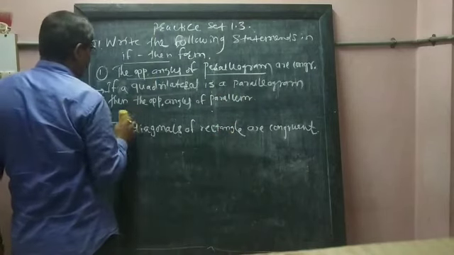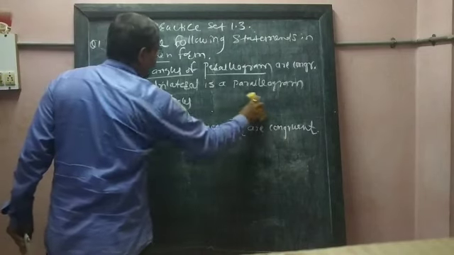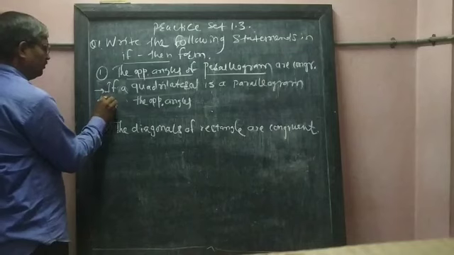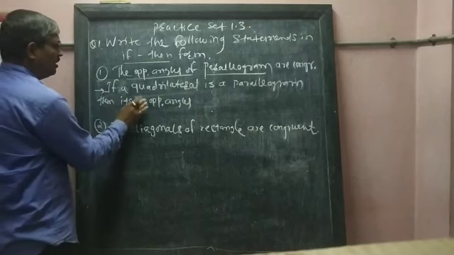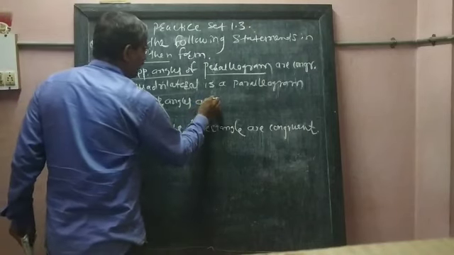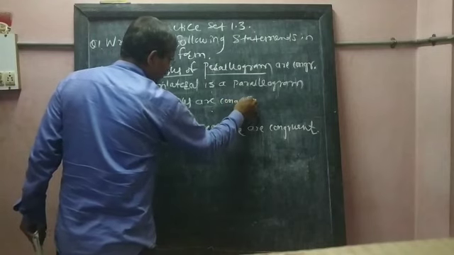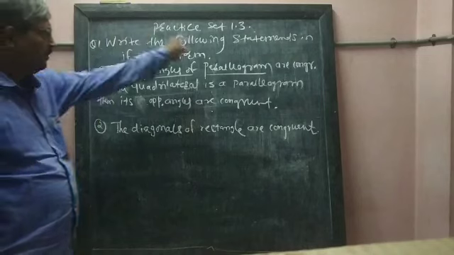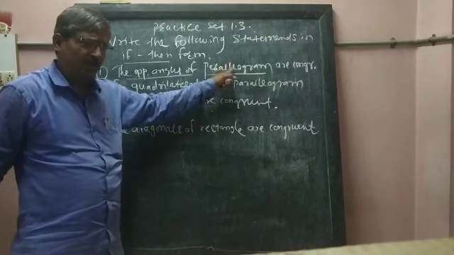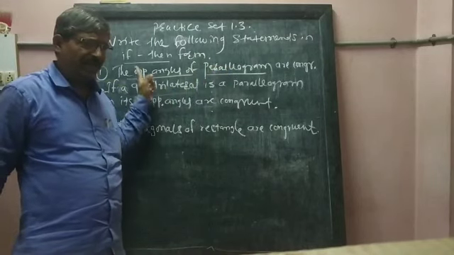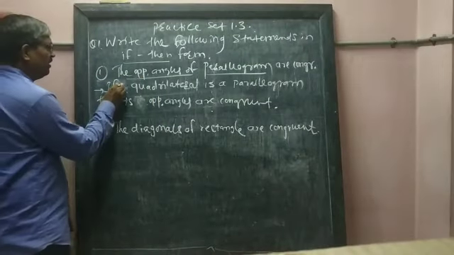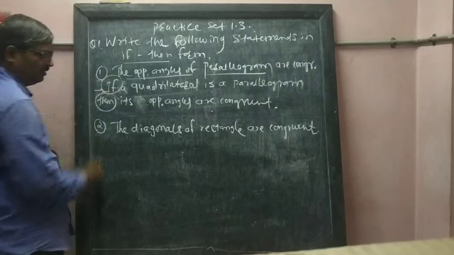It becomes very big, so I am writing it short. Understand? If quadrilateral is parallelogram, then its opposite angles are congruent. If and then. Here in the beginning if, and here it is then.